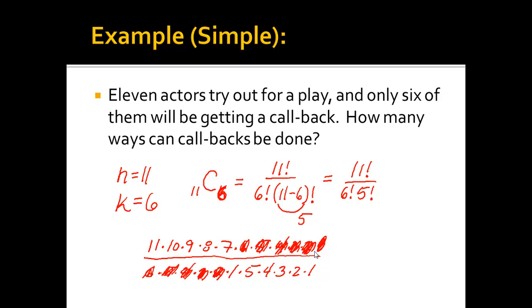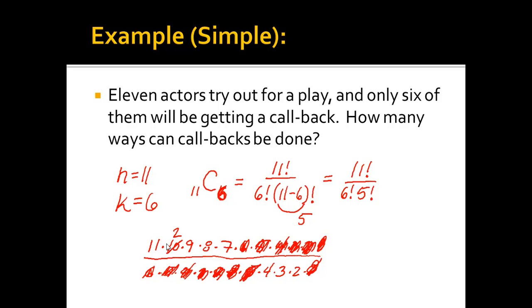And then the 1s don't really do anything anyway, so I'll get rid of all the 1s. Now I'm going to get rid of this 5. And if I get rid of this 5 in the denominator, there's a 5 up here in this 10, so that's now going to become a 2.